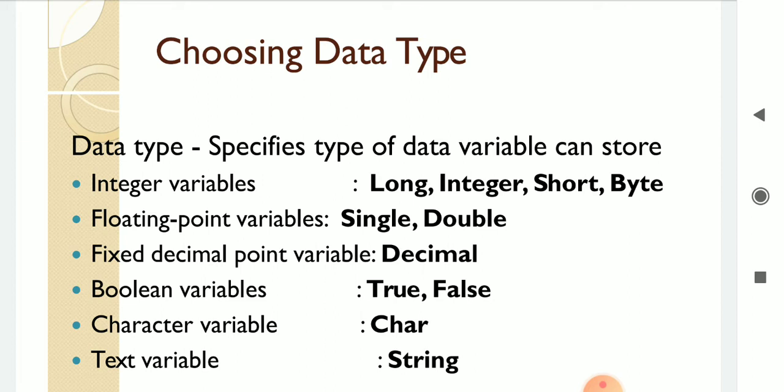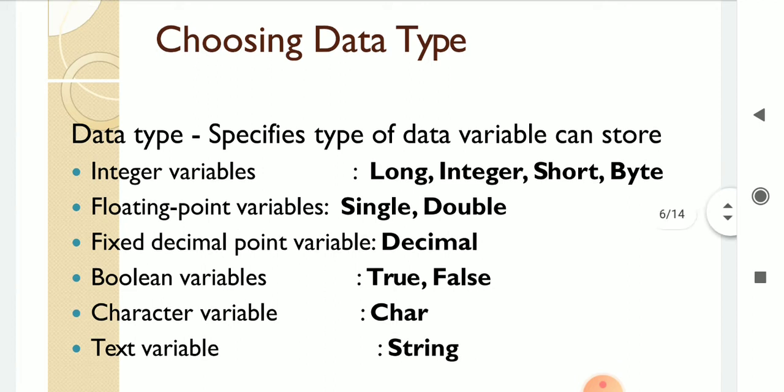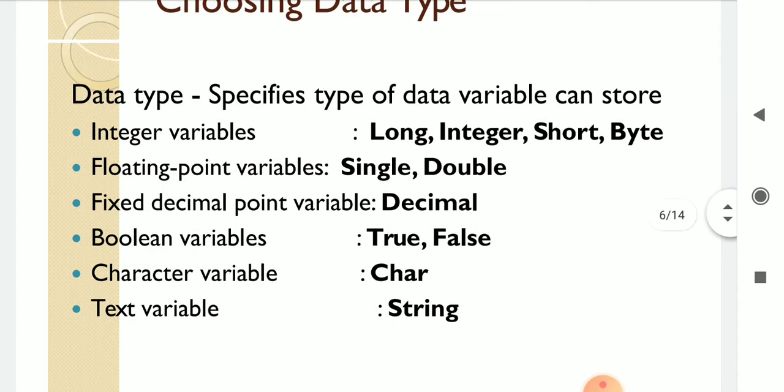Student roll number will be a number only. If it is a Boolean variable, where you are taking true or false only, then it should be a Boolean variable. For a character variable, you are taking a single character. Or if you are taking a name, a name contains more than one character, so it comes in string format.